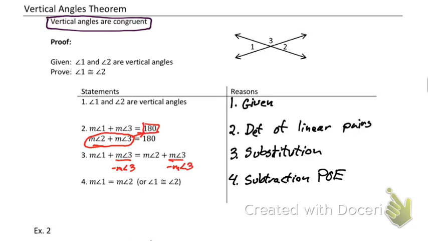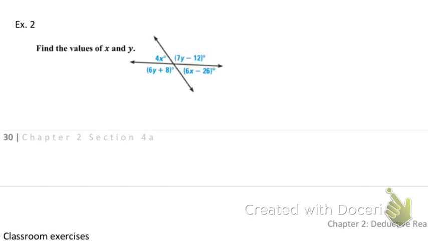All right, let's quickly go to example 2. We're just using this idea behind our vertical angles being congruent. So let's look here. We have two lines crossing. Let's highlight that. We have one line, two lines. That means we have vertical angles. I'm going to circle my vertical angles. We have this pair of vertical angles, and we also have this pair of vertical angles.